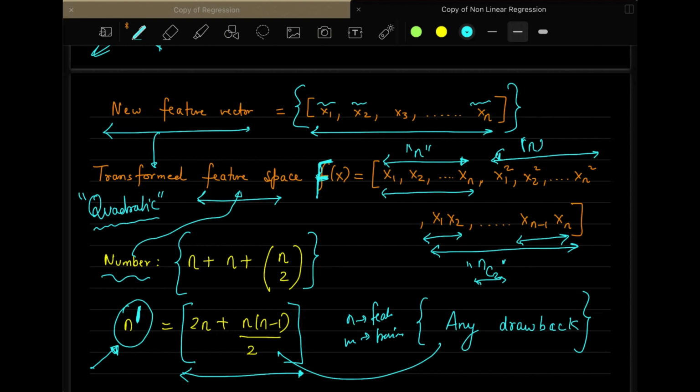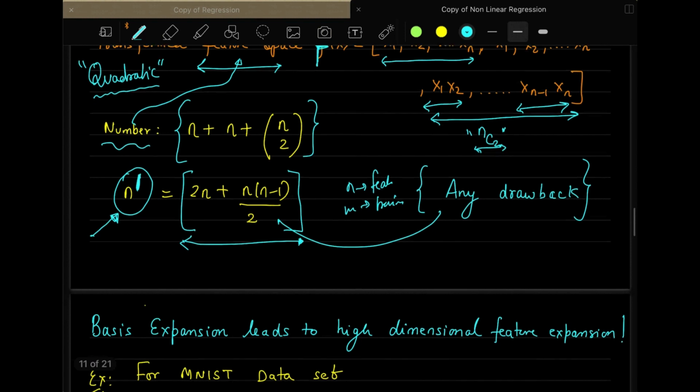Any one of you? Like, for a simple number of features, the n prime gives explosive results. It increases quite brilliantly. Yeah, you are some way or the other close to what I am trying to say.